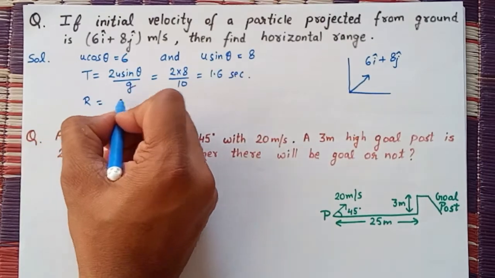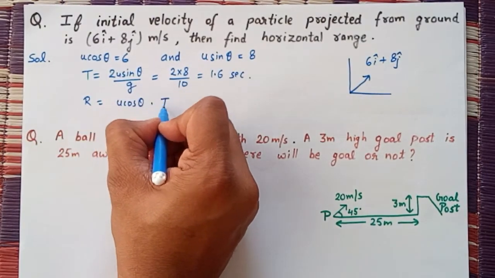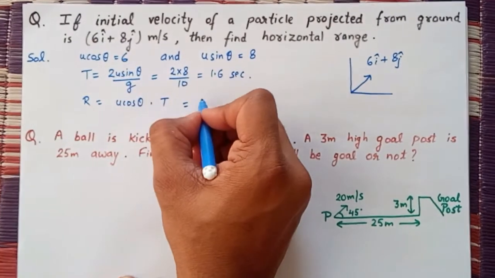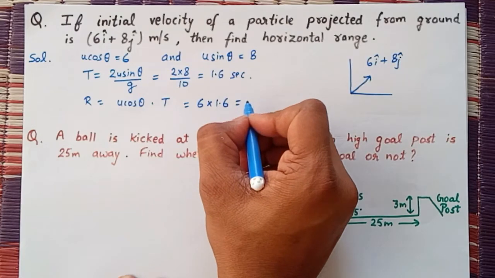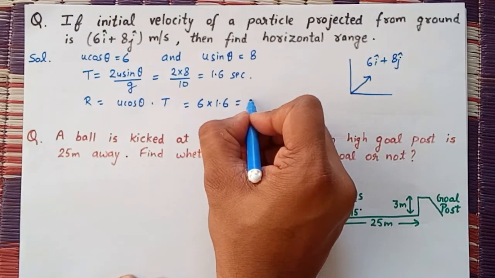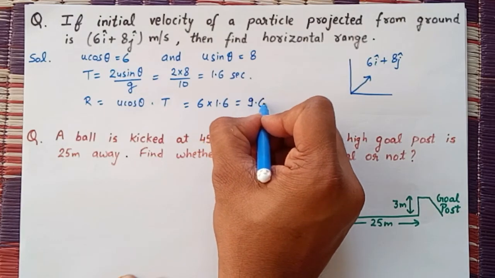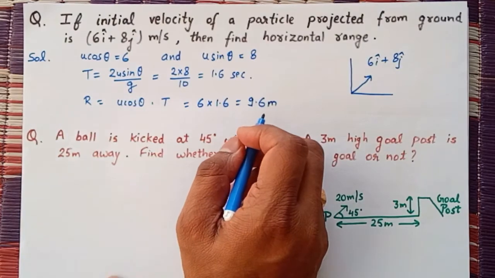What will be range? Range is u cos theta multiplied by time of flight. What is u cos theta? It is 6 multiplied by time of flight, that is 1.6. I will get 9.6 meter. So the horizontal range will be 9.6 meter.